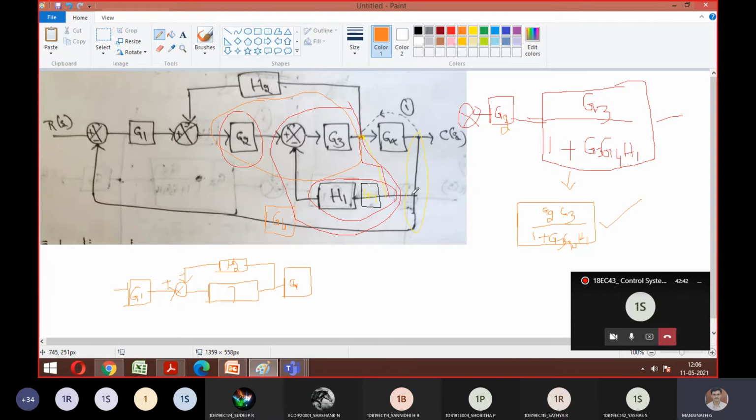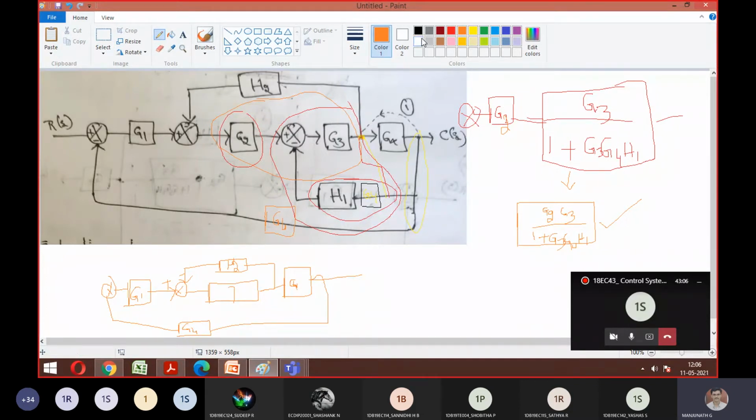Since both are combined together, if I'm moving this here, G4 will be multiplied for this also and for this also. So the summing point is here, then this combination is given to G4. This is how the diagram looks after the three steps we have done. Is it okay to everyone? Yes, sir. Proceed now.